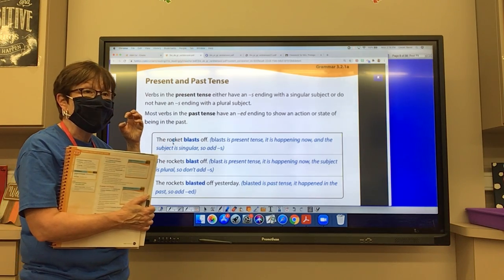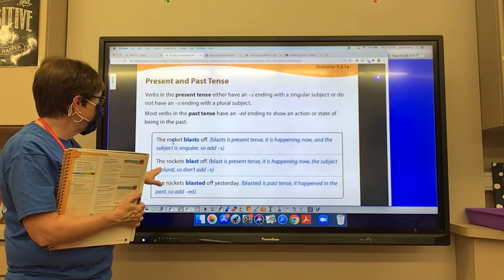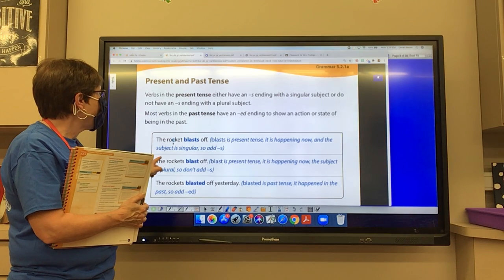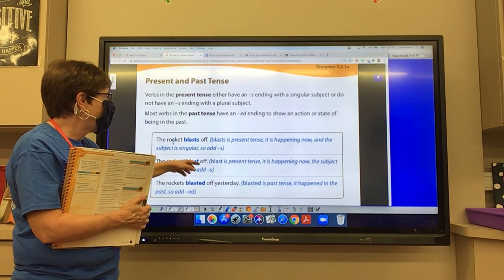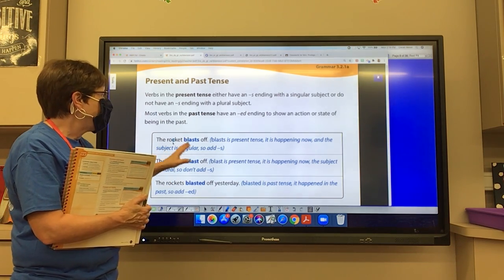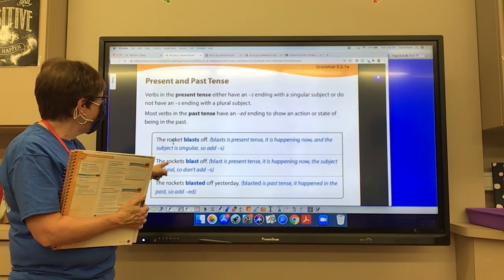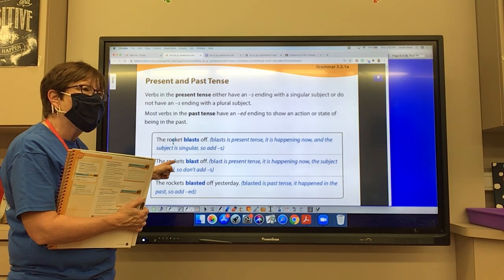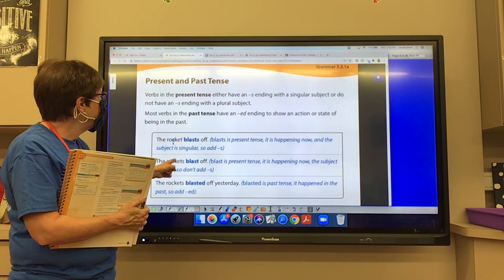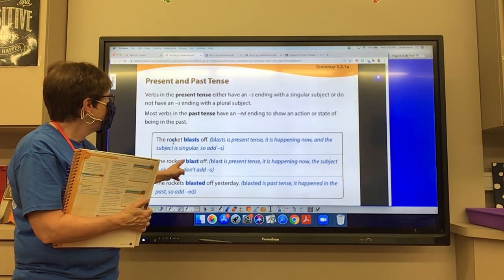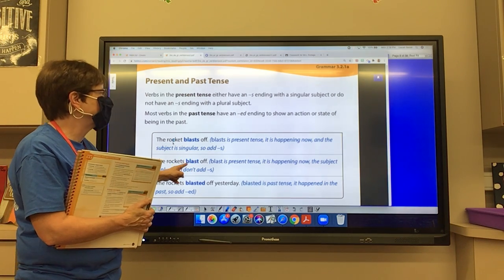Rocket blasts. Then here's our second sentence. The rockets blast off. Now, blast is present tense. It's happening now, but we have a plural noun, rockets. So we just have the word blast. We do not add an s to it.